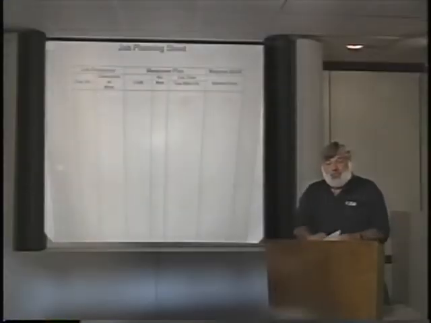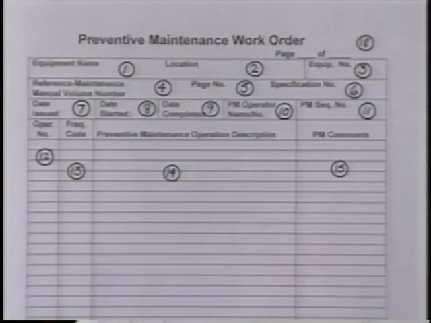Now, once the job planning sheet has been applied, we can develop the individual PM and major and minor overhauls utilizing a form similar to page number 8.